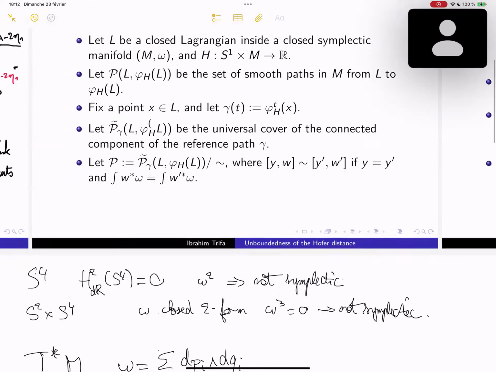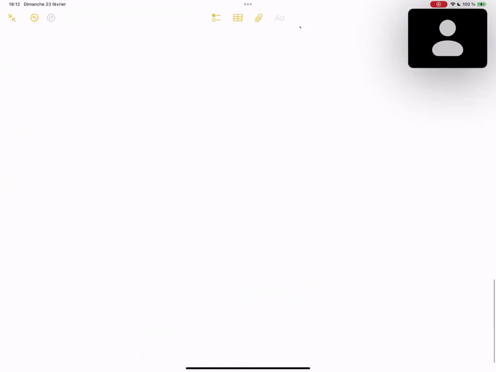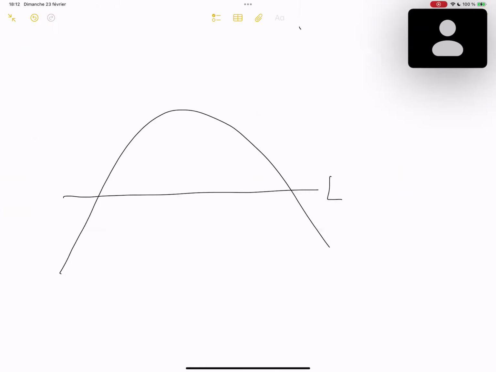So maybe let me draw a picture. So we have our Lagrangian L, its image phi h of L, and we're looking at the path that starts on L and goes to phi h of L.